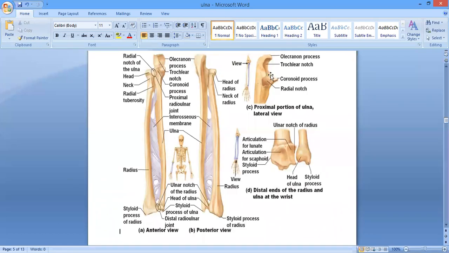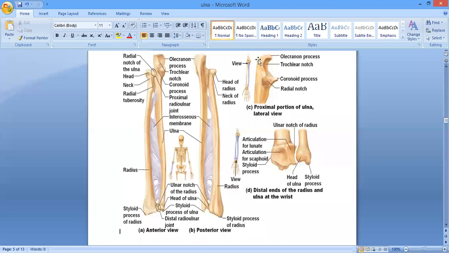We will talk about that later. So the anterior surface of the olecranon process is smooth and concave, and it contributes to the upper part of the trochlear notch.